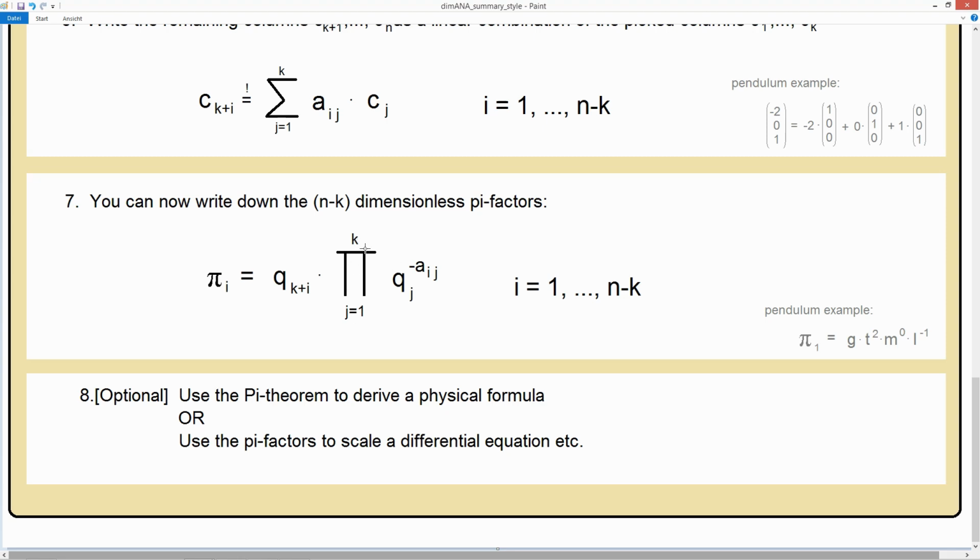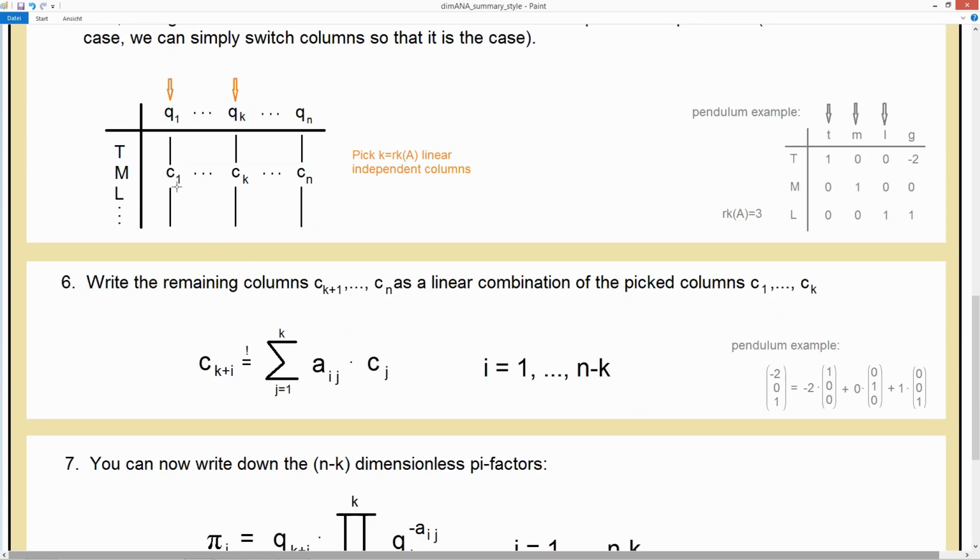And then we have a product of some other quantities, and these quantities are the quantities that correspond to the columns we picked earlier, so the first k columns.